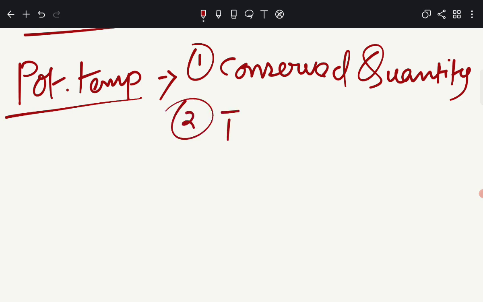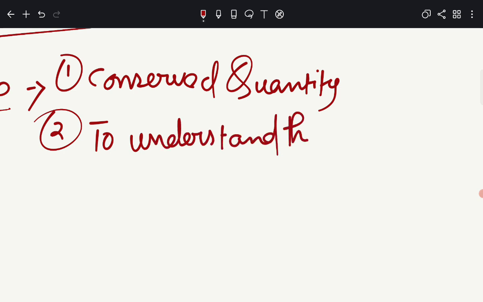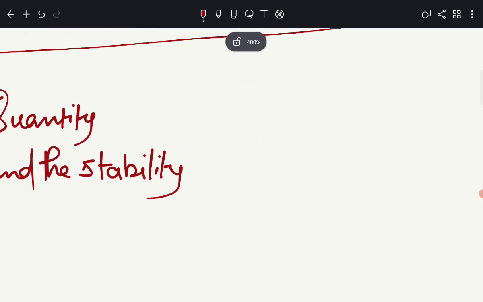Secondly, to understand the stability in a better way, right? So to understand the stability. What we haven't checked is the formulation perspective of this, because there's a quantity, and there should be some sort of formula to calculate it.